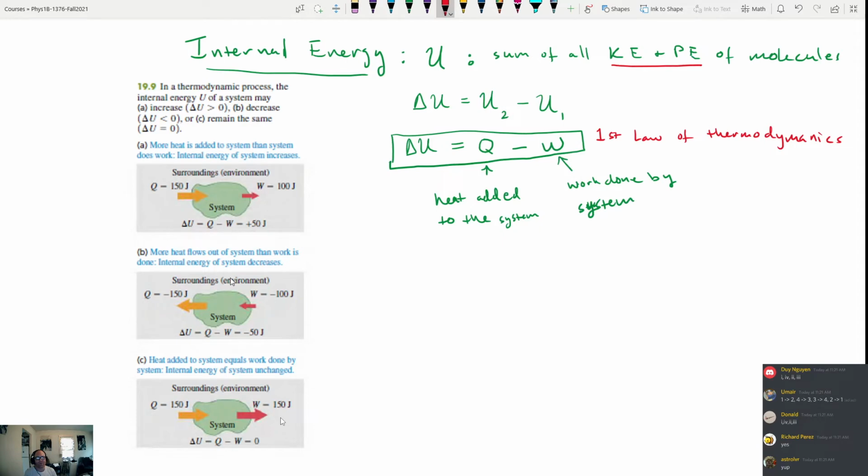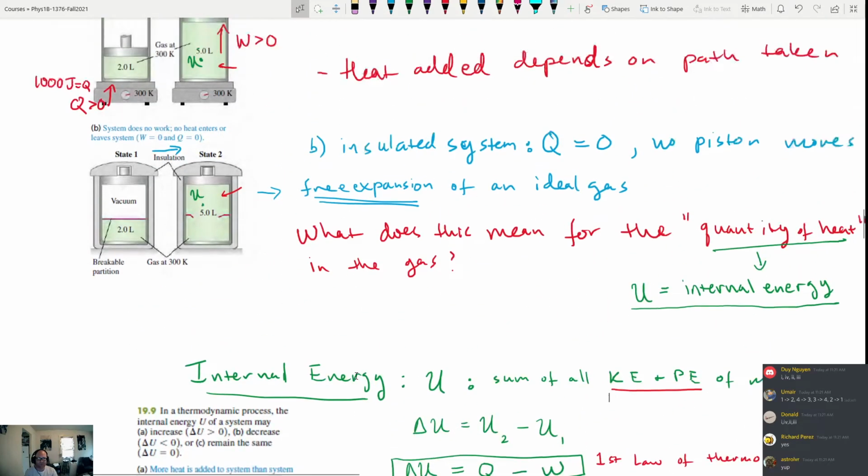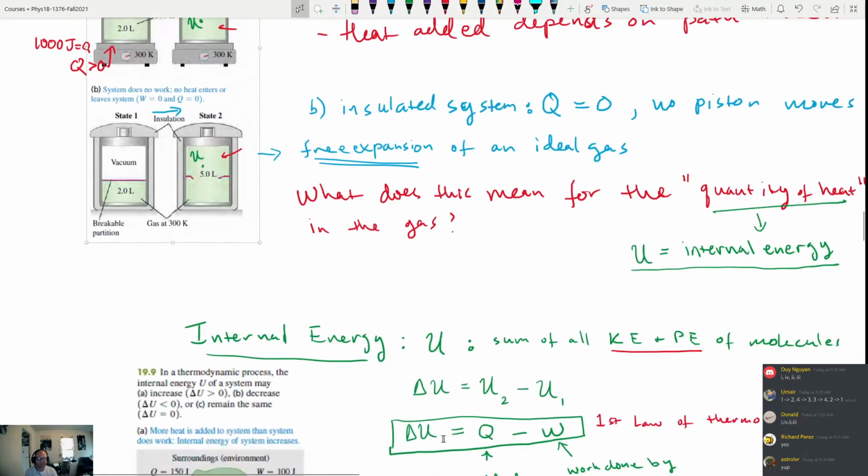All right, so we've got this definition, and now we want to think about what we talked about in the last section. So here's our equation, right? Q minus W. Just keep that in mind. Change in internal energy is Q minus W, right?